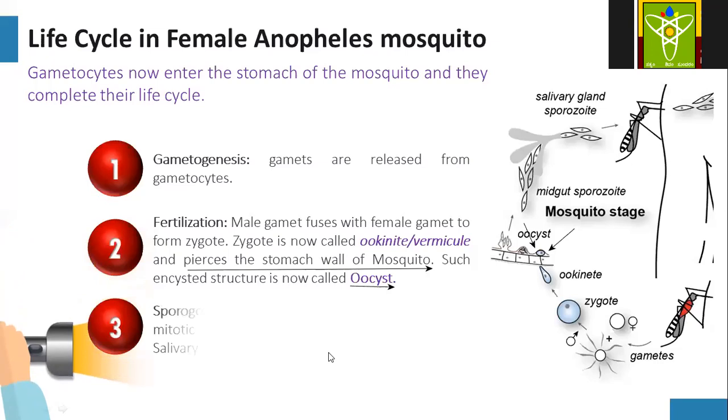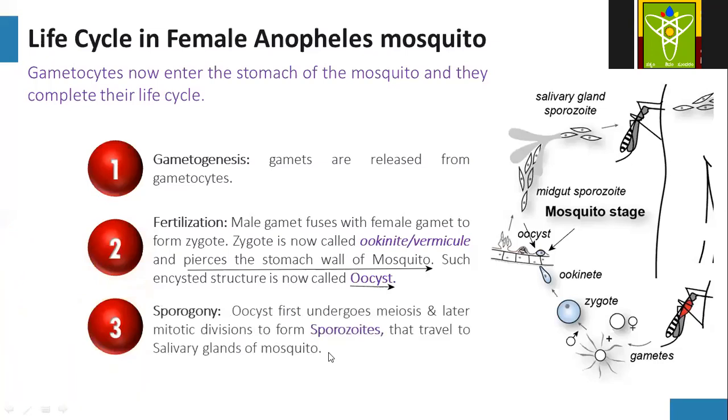Next, whatever oocyst has been formed, this oocyst now will undergo meiosis and later continuous mitotic divisions. But why meiosis? Note, students, the entire life of the Plasmodium was a haploid stage. Entire life. Who were haploids, sir?